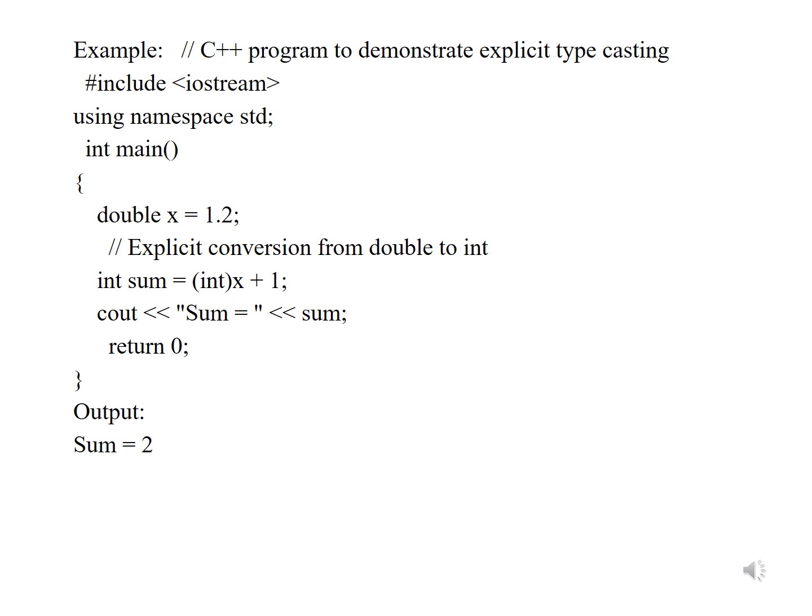We have declared x as a double, but for the calculation the double is forcefully converted into integer type, and if you print that sum, it will give the value 2 because x value is 1.2 plus 1. Integer will take only the integer part, so the .2 will not be considered, hence the result will be 2. This type of conversion is called explicit type conversion. So this happens forcefully.